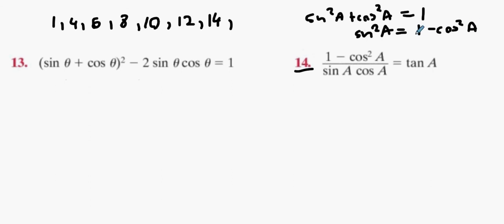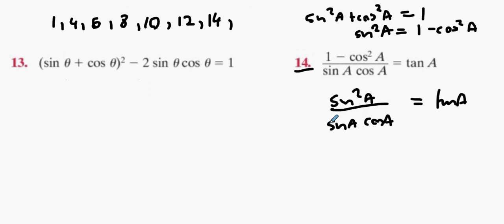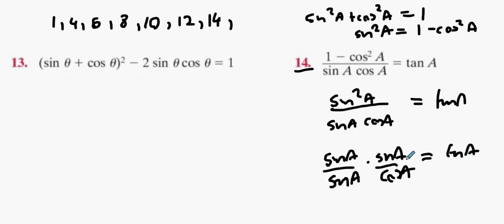So change that with sin squared a over sin a cos a tan a. And you say that cancels with that one. Then you have sin a over cos a, which is tan a equals tan a. Now, an examiner might not show it like that. You might show it as sin a over sin a and sin a cos a, and then you're just going to show tan a.